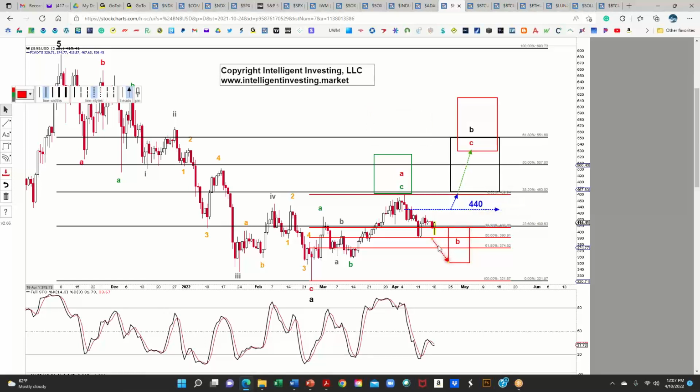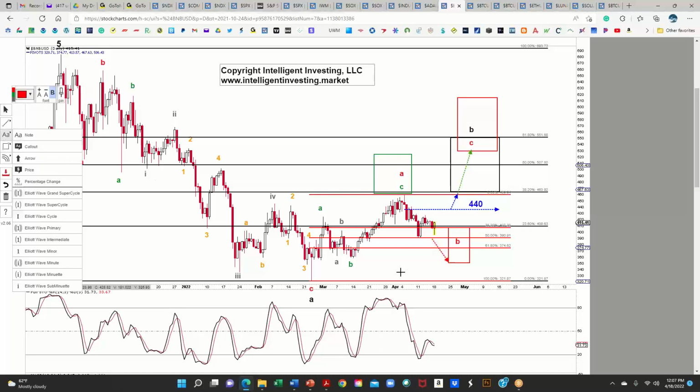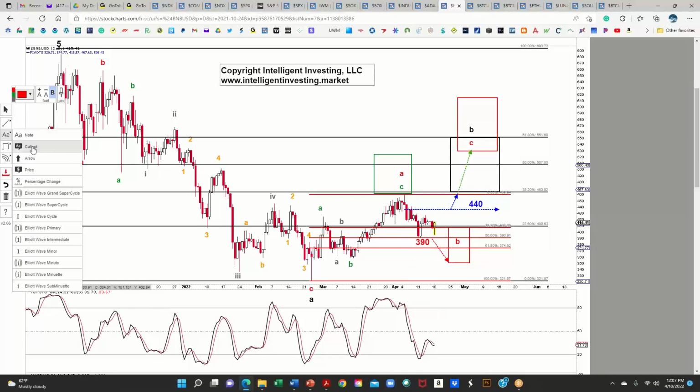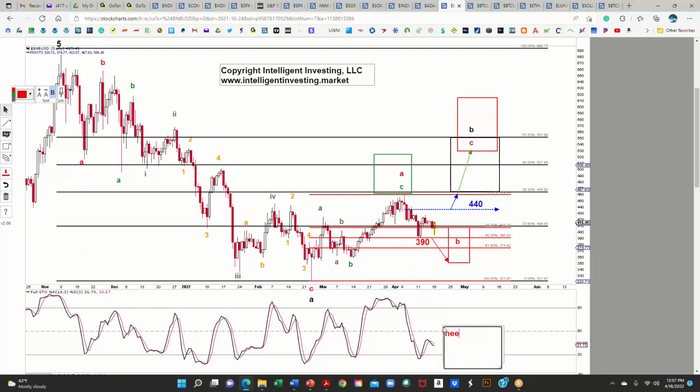Now let's assume that the low is going to hold, which is at about 390, right? 390 needs to hold to allow for higher prices. And we're holding it so far. Today did not do any damage.